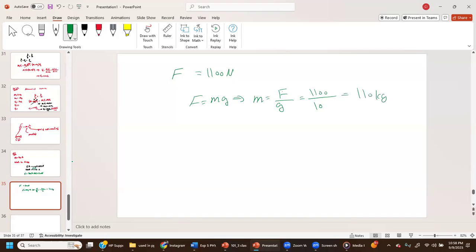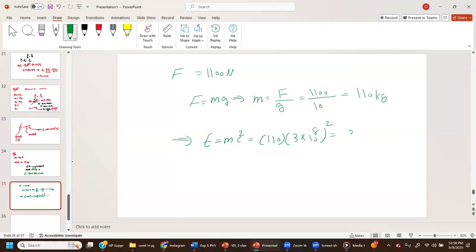That means this energy, which is mc squared, is going to equal your 110 kilograms multiplied by 2.99, or 3 times 10 to the 8, which is 300 million, squared. Don't forget the square.